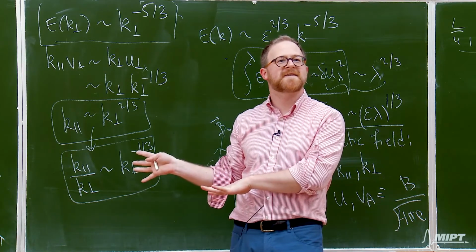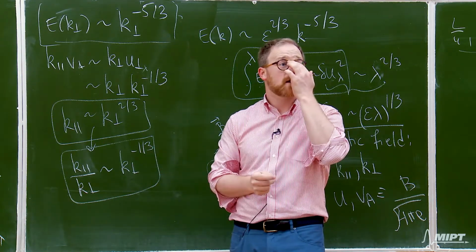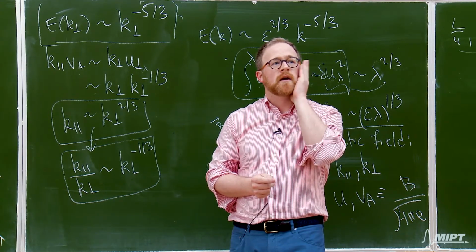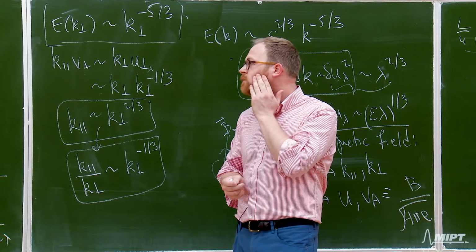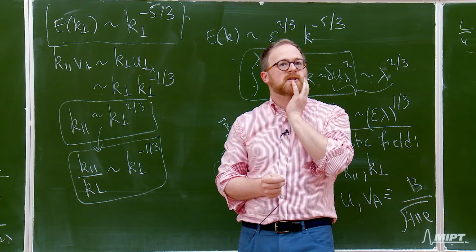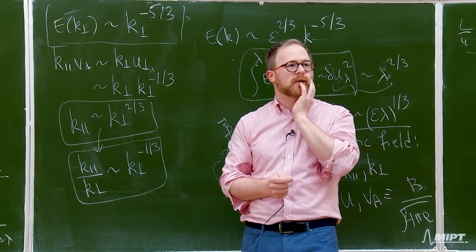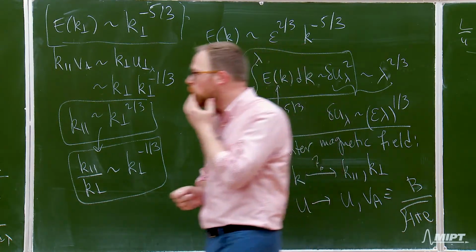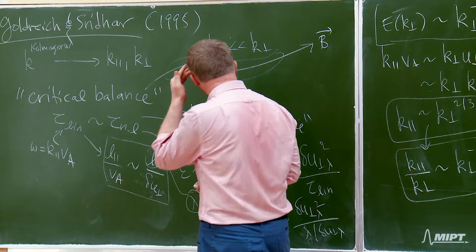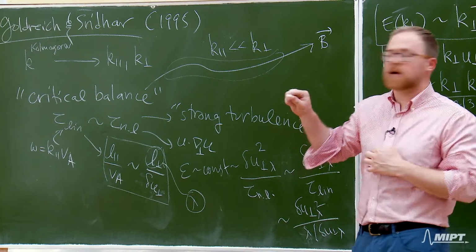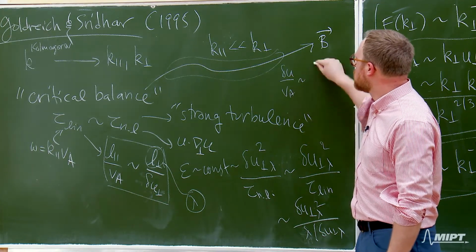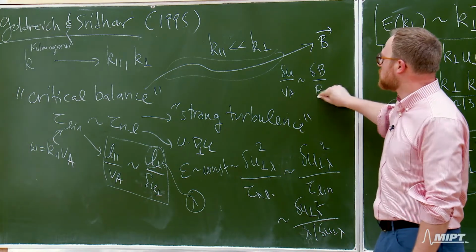Please ask questions. Yeah? How does the strength of the magnetic field factor into this? Not at all. But it matters what the strength of the amplitudes are. The reason why is in an Alfvén wave, delta U over VA is of order delta B over B naught.